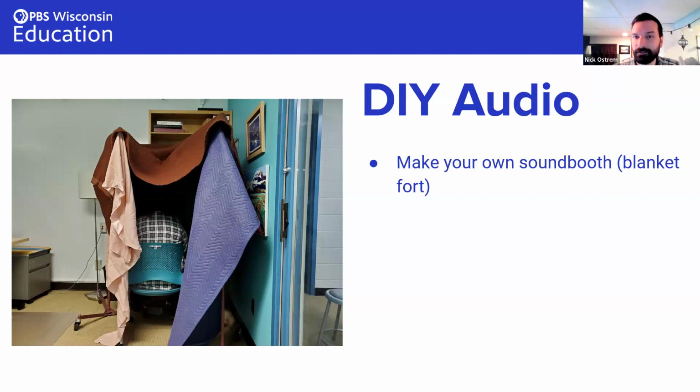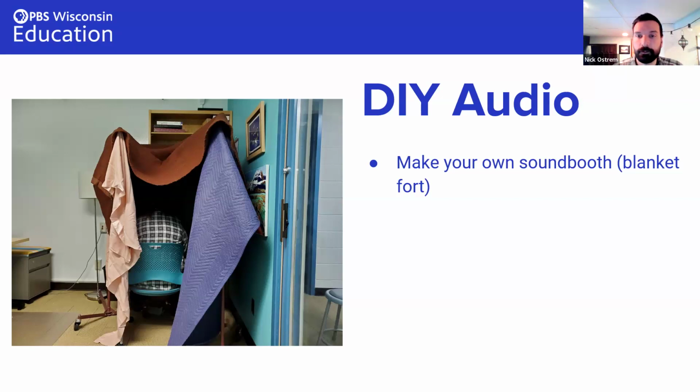The hallway sounds awful. It's big, echoey. It's a really terrible building, but the homemade DIY sound booth sounds just as good as the professional sound booth. So just find a way to dampen that sound.